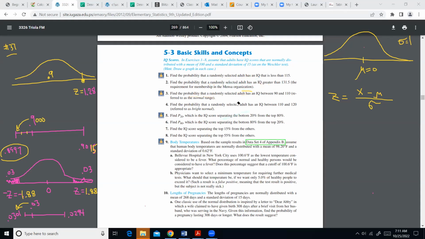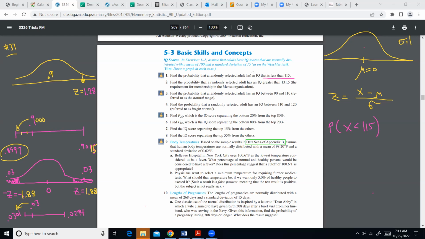So problem 1, I think, is a good and intuitive example. Let me check what's going on in problem 1. They want you to find the probability of less than 115. Please notice I no longer put z in the parentheses.